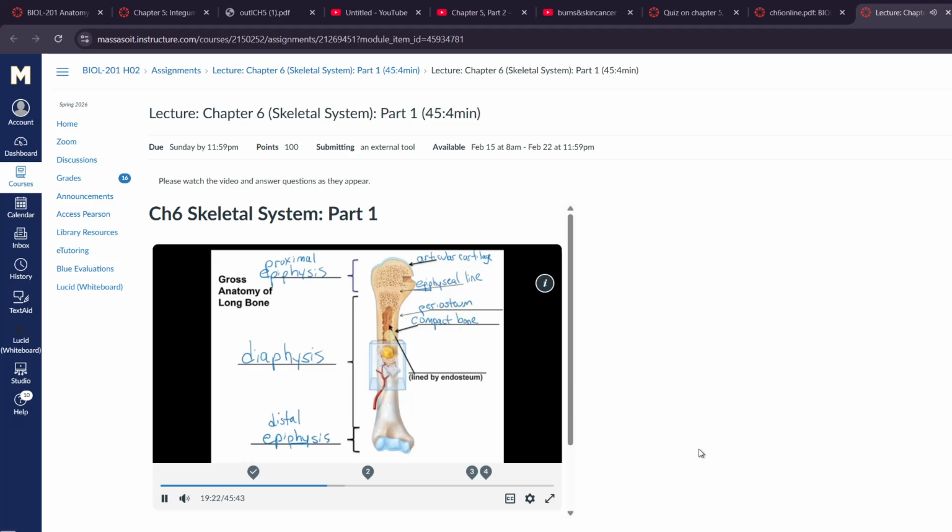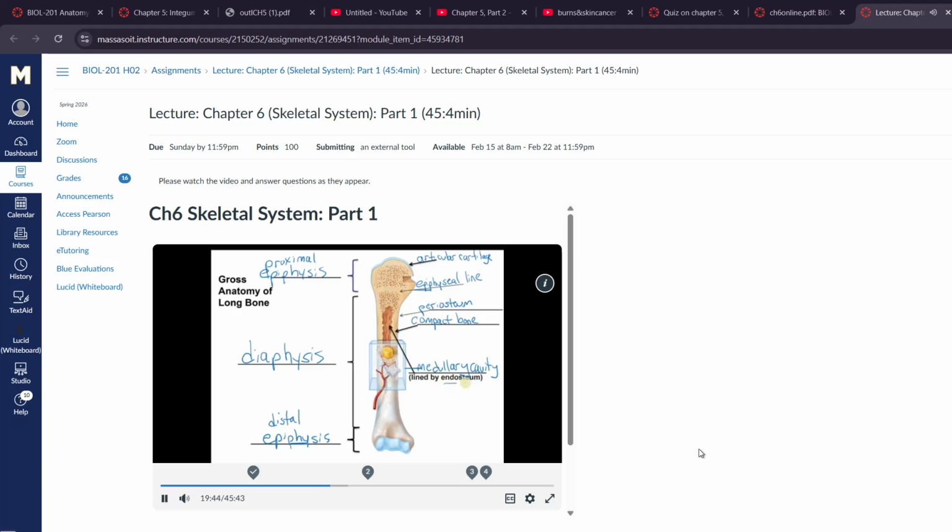Now in the middle of the diaphysis is a cavity, and this is called the medullary cavity. Medulla means the inside of an organ, inside. So medullary cavity, and this cavity is lined with connective tissue called endosteum.